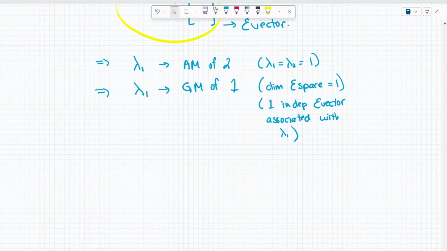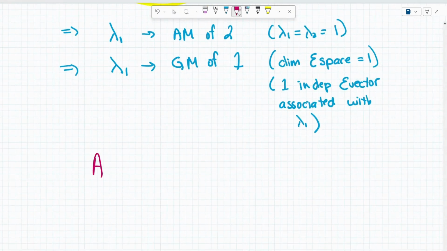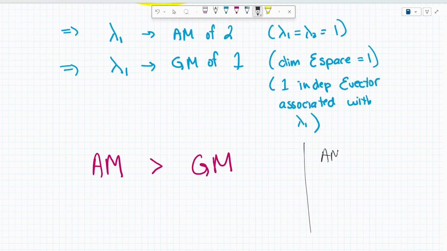Okay, so this is an interesting case here. We can see that the algebraic multiplicity is greater than our geometric multiplicity. As an aside, algebraic multiplicity will always be greater than or equal to geometric multiplicity.